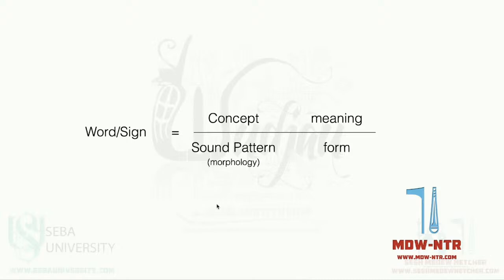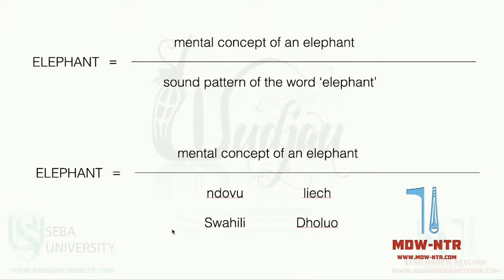Here's another way of looking at it. We have a word or sign. On one side we have the concept, which is the meaning, and on the other side we have the sound pattern if we're speaking, or written pattern, which is the form. Let's go to an example. I always use elephant as an example. To us, elephant is a word, but it's also a sign. We just don't say that.